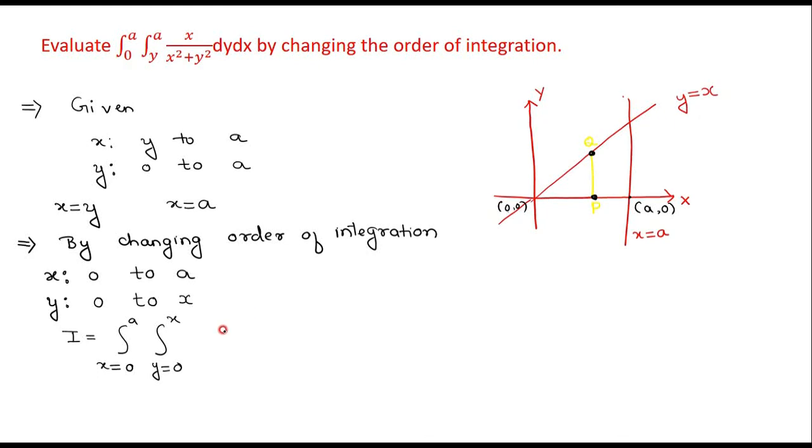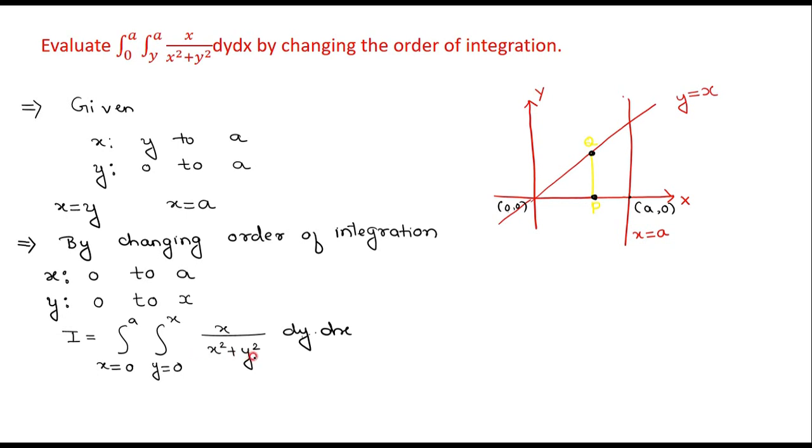Write the given function as it is, x by x square plus y square, and it is dy dx.